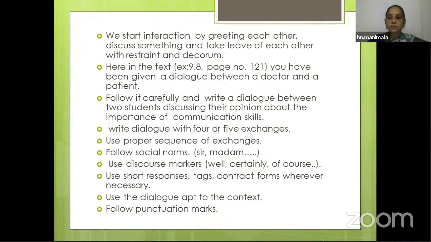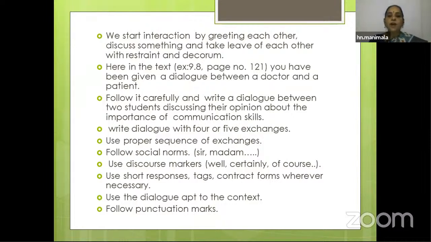Use this medicine for 3 days, then you will overcome this. Thank you very much, sir, he said. So like this, they left. He greeted, then discussed what problem he has, and what the solution is. The doctor suggested the solution, gave a remedy for it, and finally he took leave. This usually happens in every conversation, every dialogue.